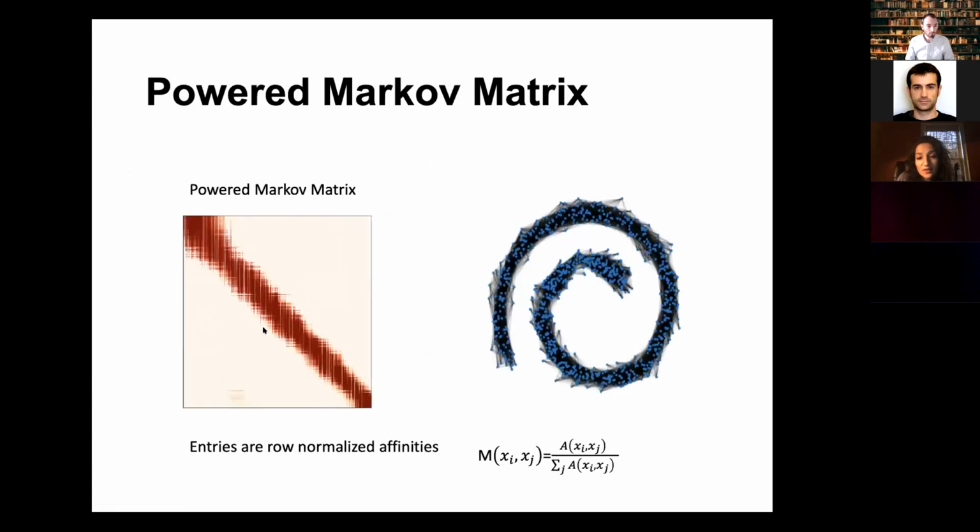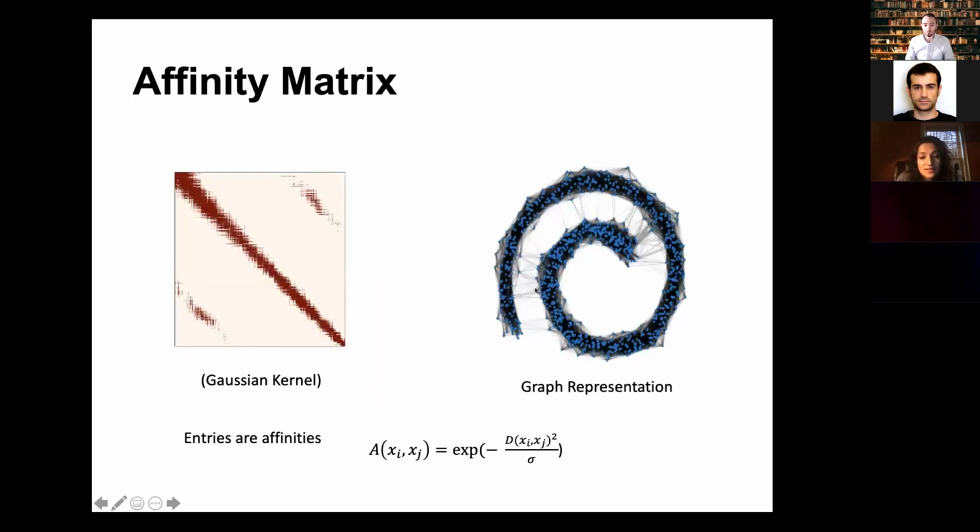The higher you power it, the cleaner your connectivity becomes. The reason is there is some probability of going from here to here, let's call it 0.1. But if you're taking 2 steps, the more likely 2 steps you're taking are going to be overwhelmingly within here. There are so many more 2-step combinations within here than any 1 step that goes this way.